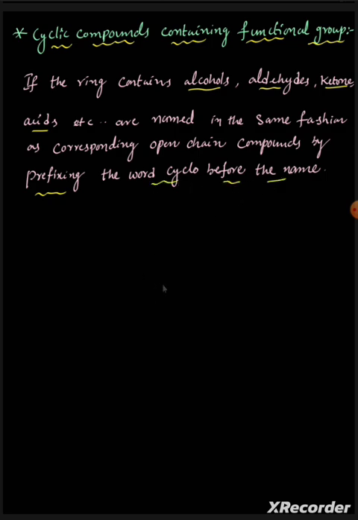For example, if the compound is cyclohexane having carbon double bond O, then the name we are giving it is a keto group. Okay, keto group suffix coming as one. It is a cyclic ring, 6-membered carbon chain. Okay, cyclohexanone.